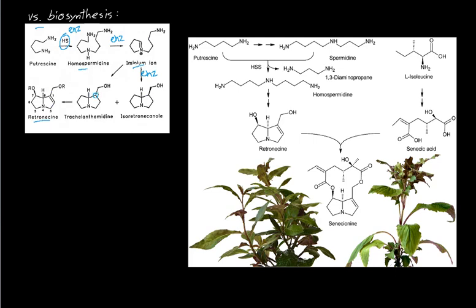Note here that you have both configurations, R and S, but actually it doesn't matter because later you take out the stereochemistry there and make an alkene, so in retronecine. So the point of bringing this up is that imines also are used in nature. Even though the whole rest of the process is very different, there's still a key imine step in the biosynthesis.